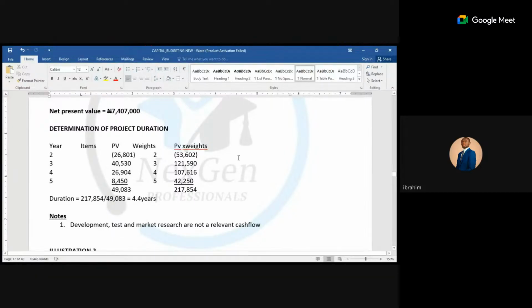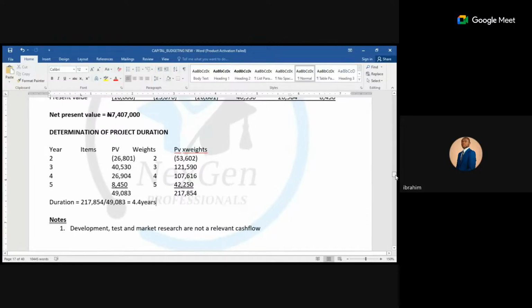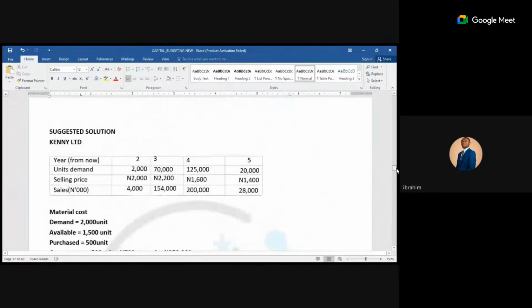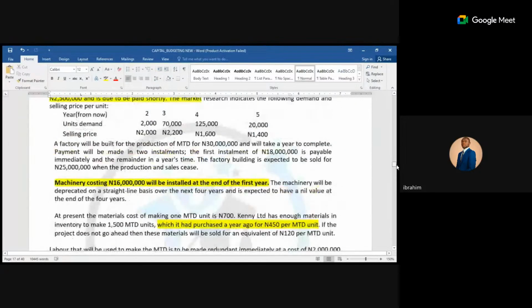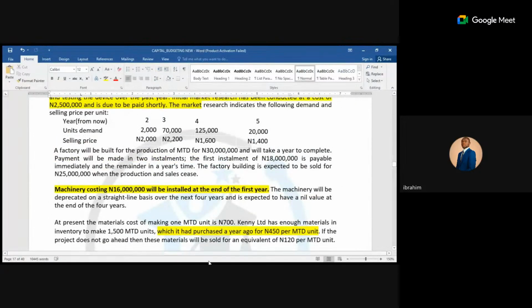Class, do you know the reason why I change it? Because, please, you can mute your mic. Because of the production and the demand. Now, if you invest in a project, because of the nature of the question, it's supposed to start from year 1, year 2. They started from year 2. No problem. There's no problem about that.